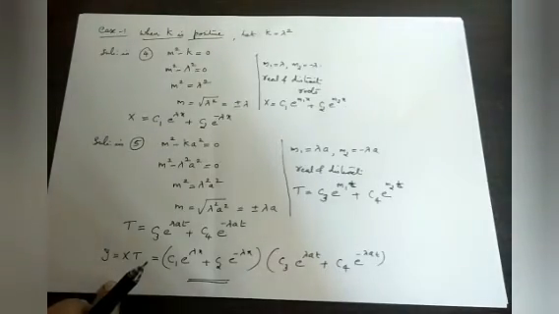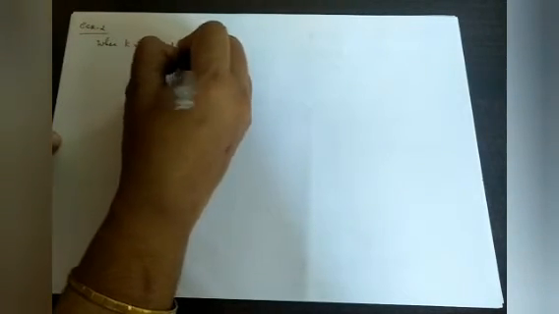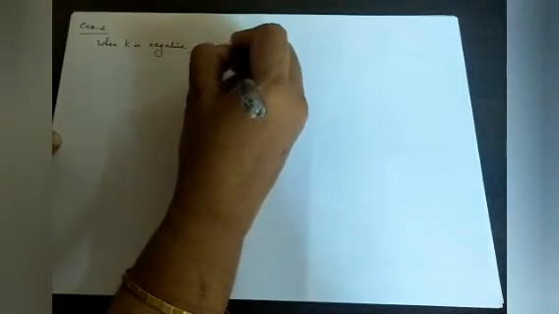Now we will move to the second case, when k is negative. That is, when k is equal to minus lambda square. Here also, substituting in equation number 4, we get m square minus, in the place of k we have minus lambda square, is equal to 0.